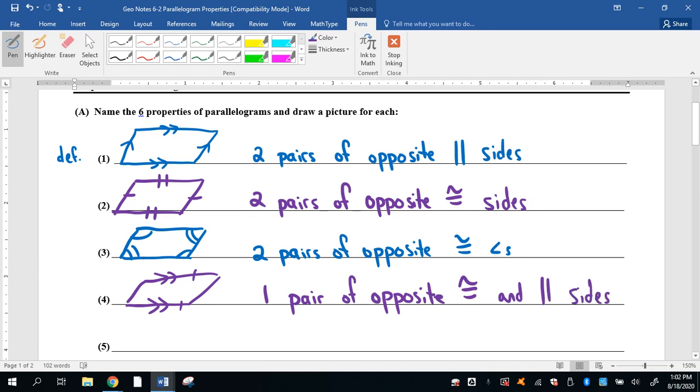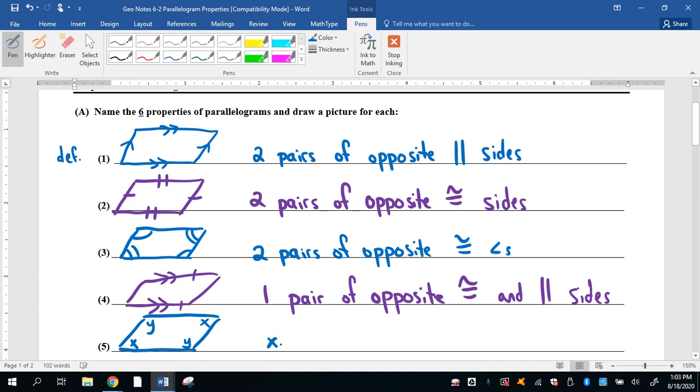Okay, can you think of anything else that you know about a parallelogram? Or when you draw a picture of a parallelogram, what seems to be true? And we talked about this also in the last lesson, 6.1. What we found out is that not only are opposite angles the same measure, but angles next to each other add to 180.